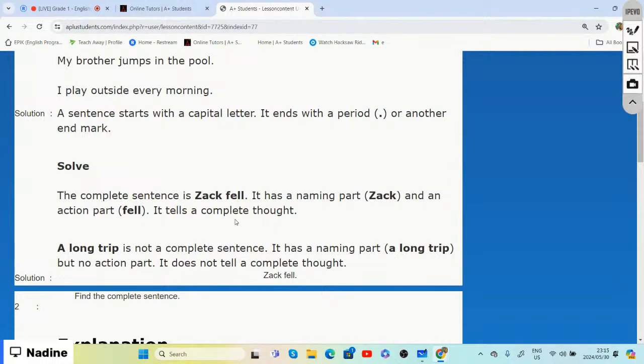They're giving us an example sentence where they just say "Zach fell."